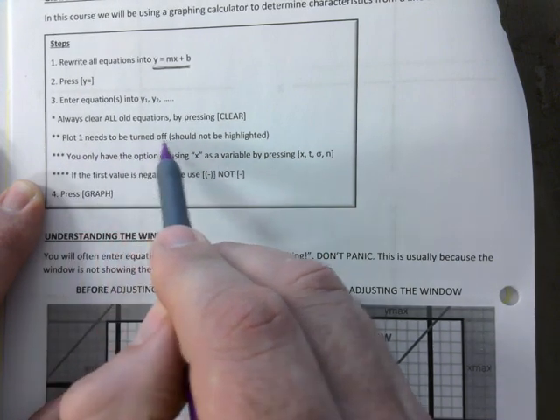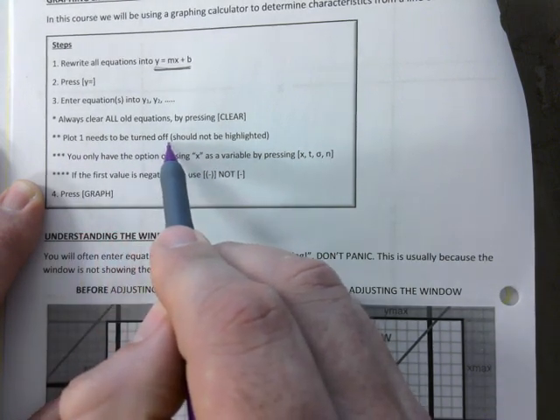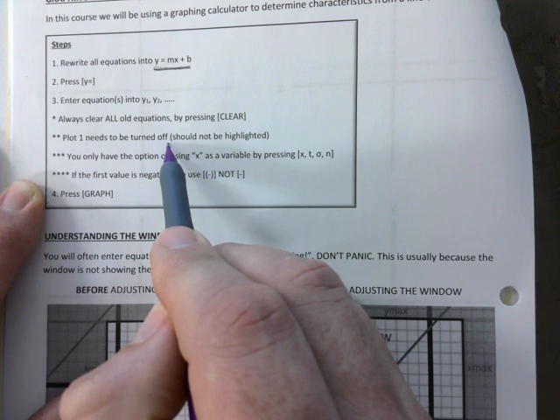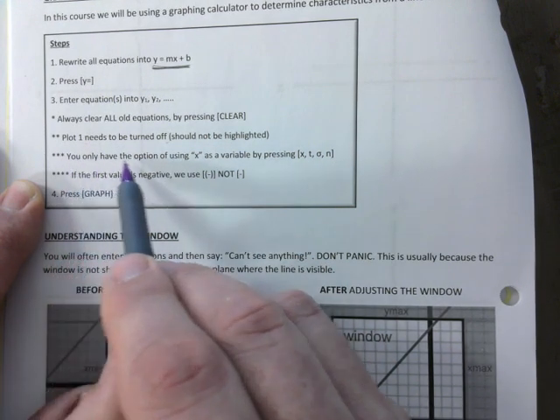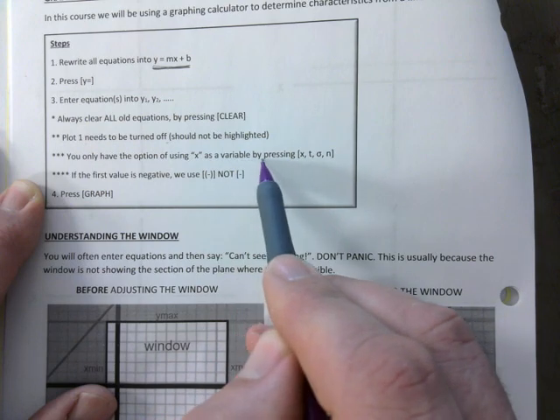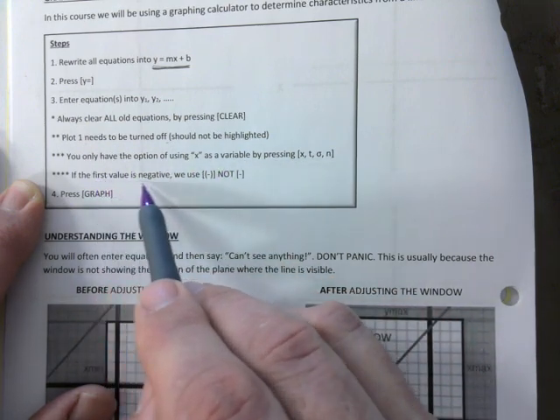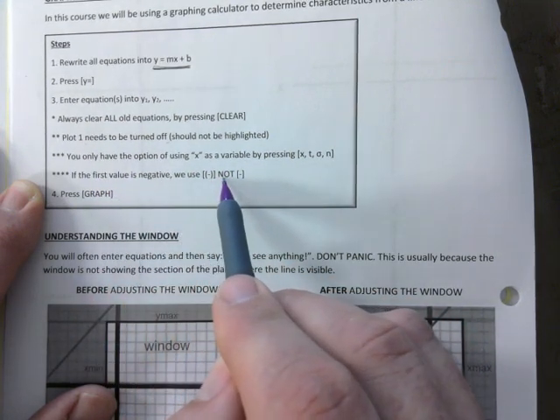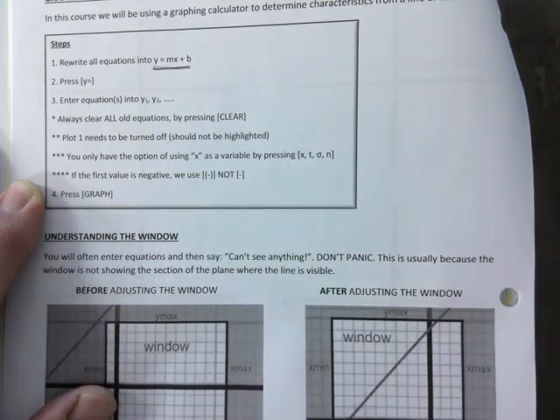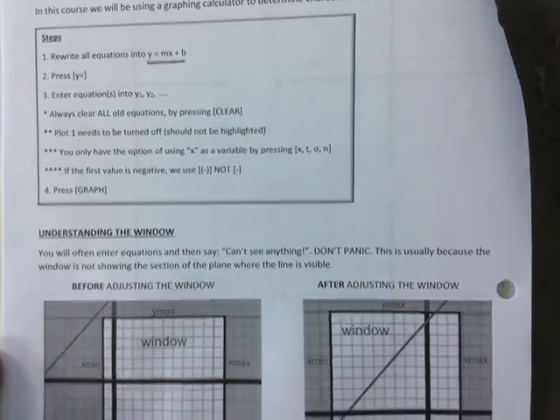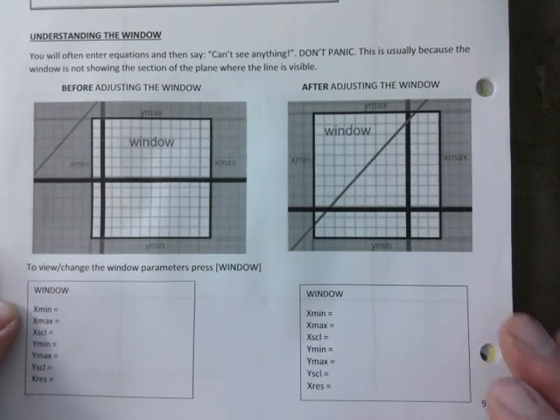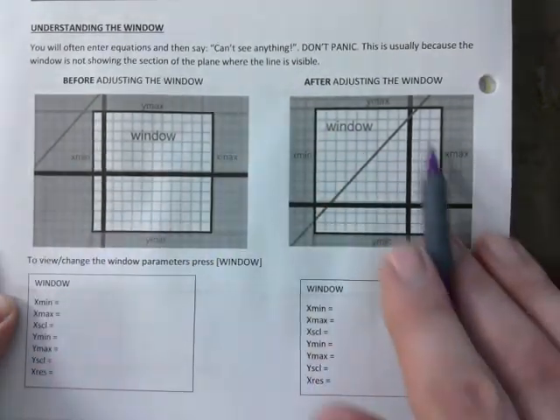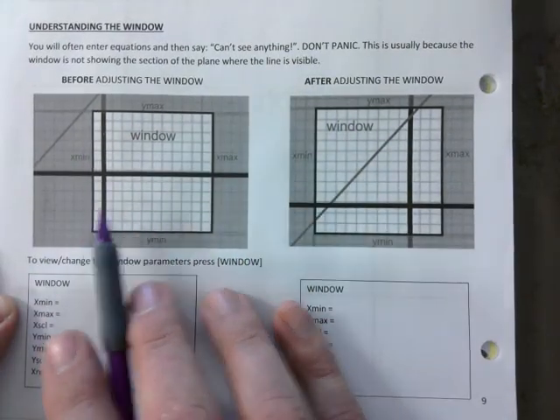Plot 1 needs to be turned off. You would know why at this point because you're entering an equation manually. You only have the option of using x as a variable. If the first value is negative, we use negative, not minus. And then press graph. I won't explain the window either because you know how it works by now, how to change your window parameters.